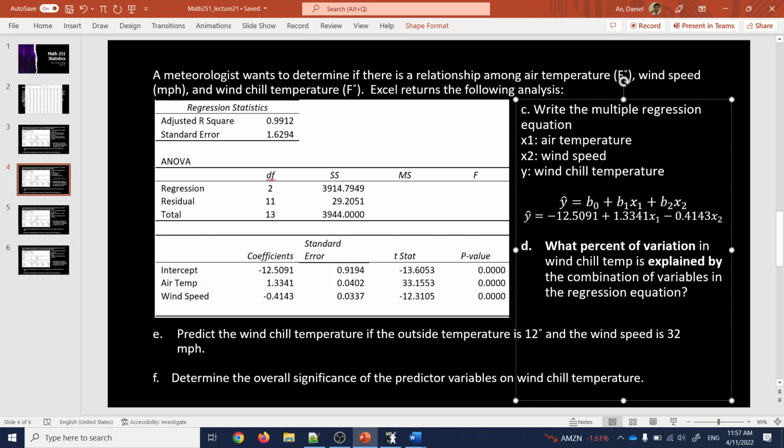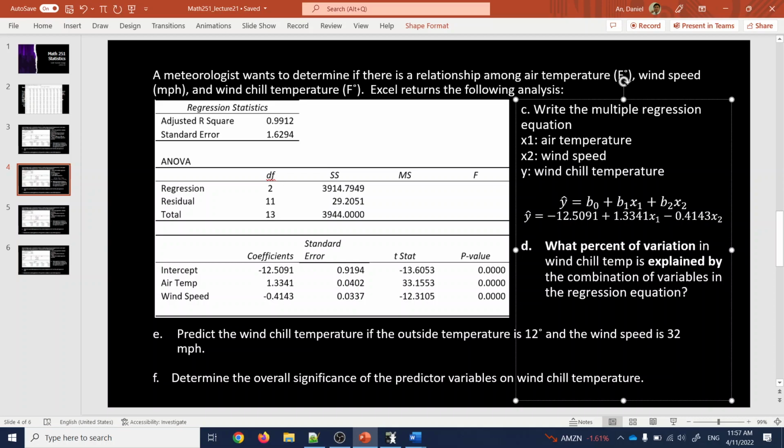What value gives that? Do you know? No. Yes. That's the adjusted R squared. Do you know the name of that thing? R squared.